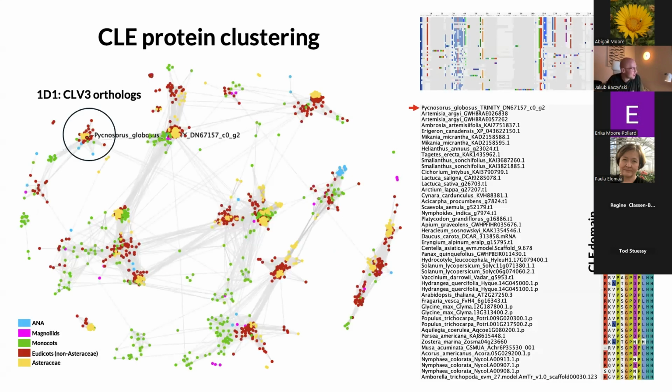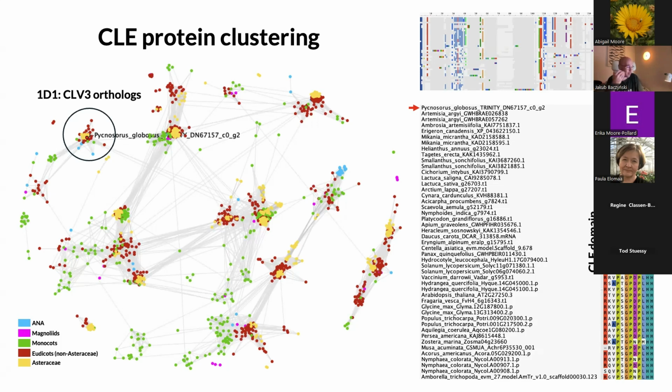The other analysis I was focusing on is identification of clavata-free genes in these transcriptomic data sets. Clavata genes and CLE genes in general are quite difficult to recover from transcriptomes and also to identify correctly. They are very variable, and apart from this CLE domain, so this 12 amino acid functional domain, they are extremely variable.